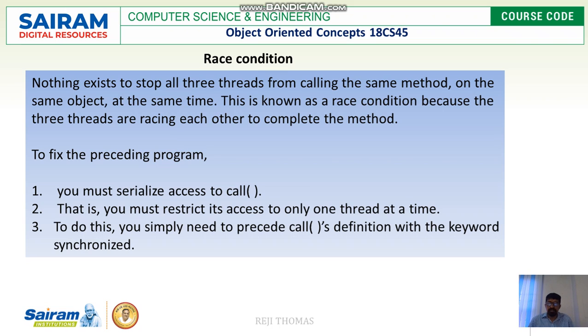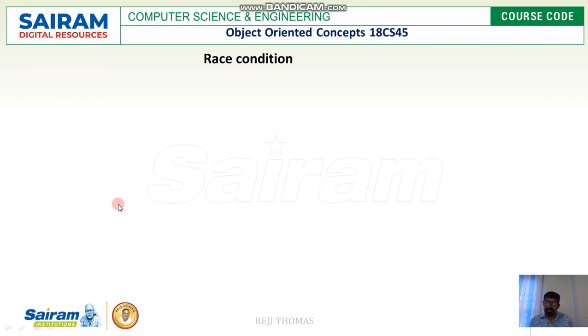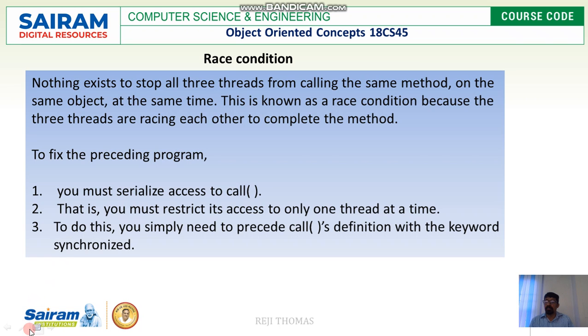So what we can do is serialize the access to the method called call. This is our call method. We should see that only one object can access or call this call method. This we call serializing the access to the call method. That means you must restrict access to only one thread at a time.